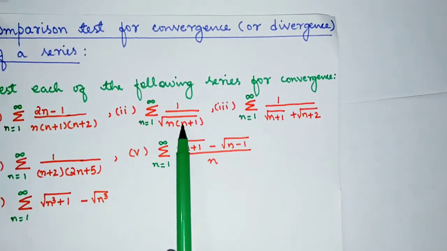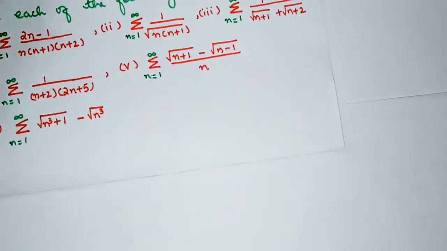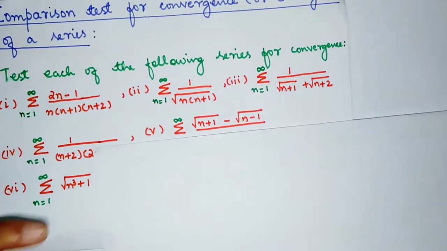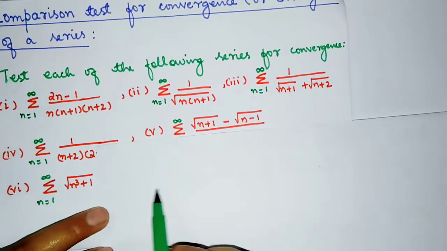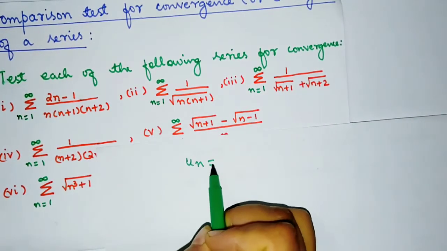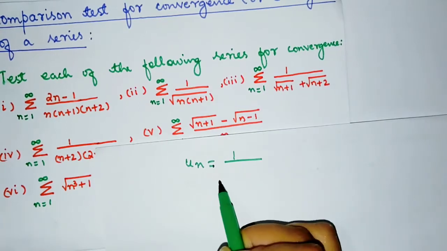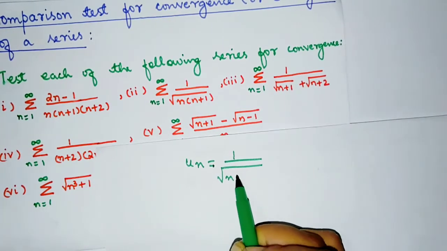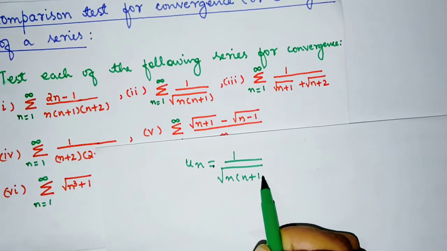For the second, what is un? Our un is 1 upon root over n into n plus 1.